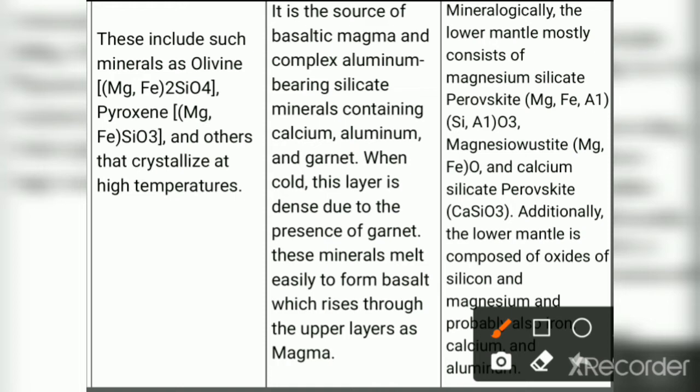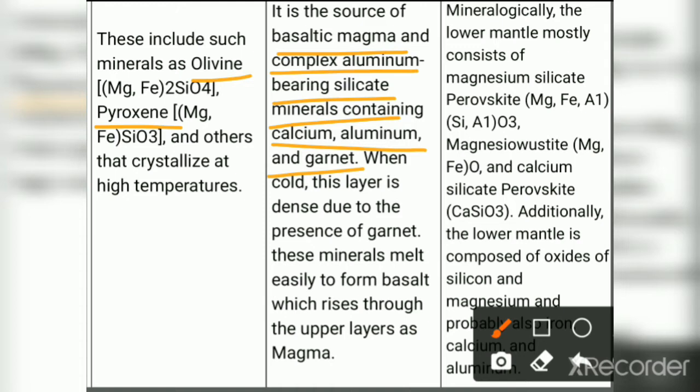Then the composition. The upper mantle is composed mainly of MgFe silicates like olivine and pyroxene and other minerals that crystallize at high temperature. So it's mainly made up of olivine and pyroxene. Then the transition zone is a source of basaltic magma and complex aluminium-bearing silicate minerals containing calcium, aluminium and garnet.